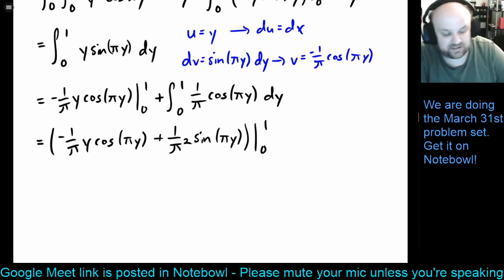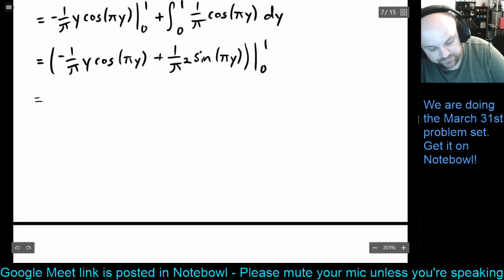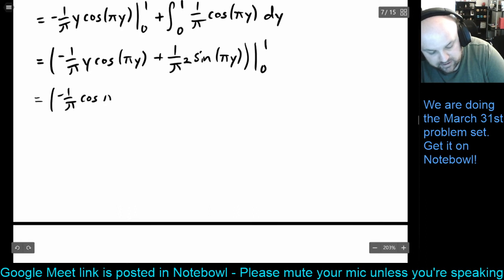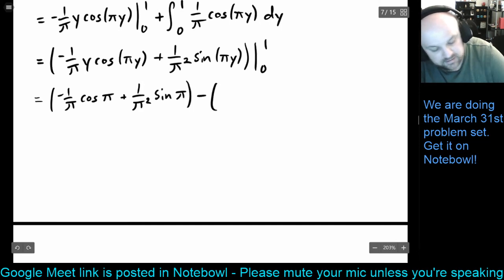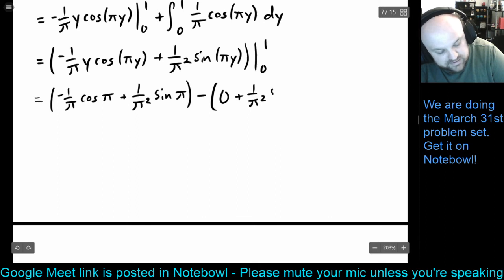So now we just plug in all this stuff. Plug in the 1, we're going to get negative 1 over pi cosine of pi plus 1 over pi squared sine of pi, minus, plug in 0, right? I'm plugging in 0 here, so this whole part is 0, plus 1 over pi squared sine of 0.